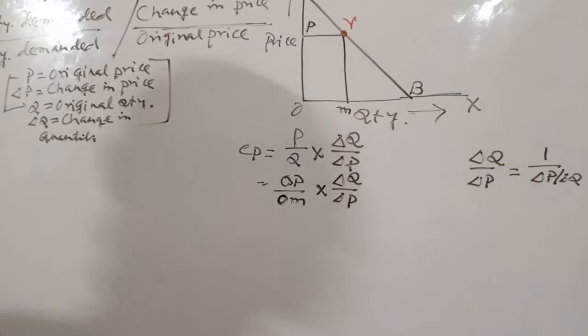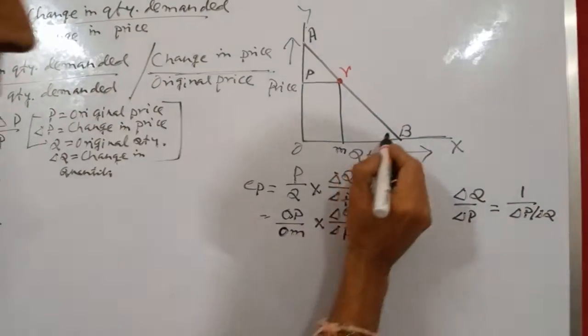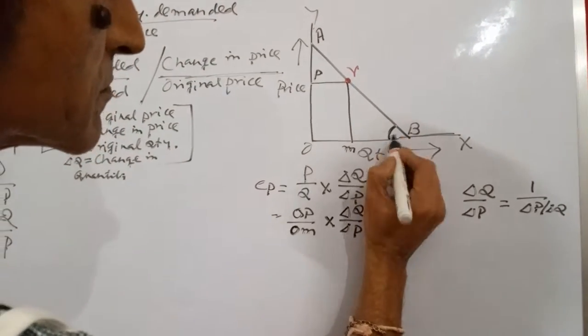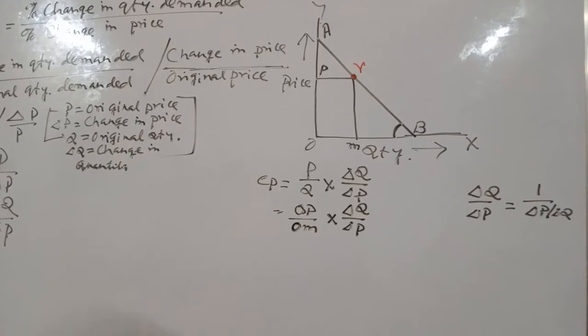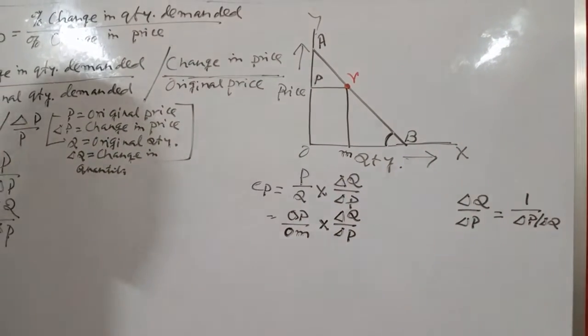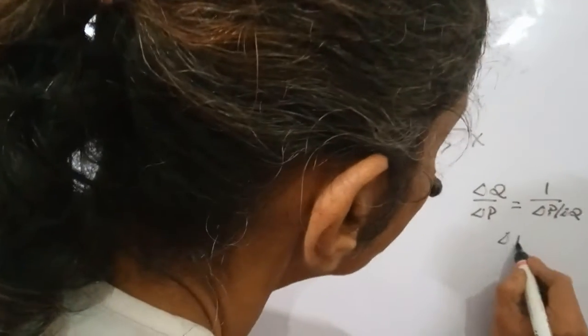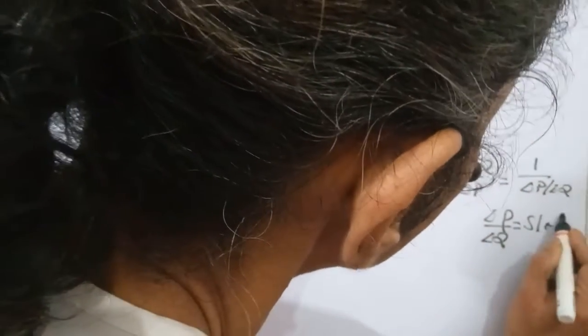Delta P by delta Q is the slope of the demand curve.